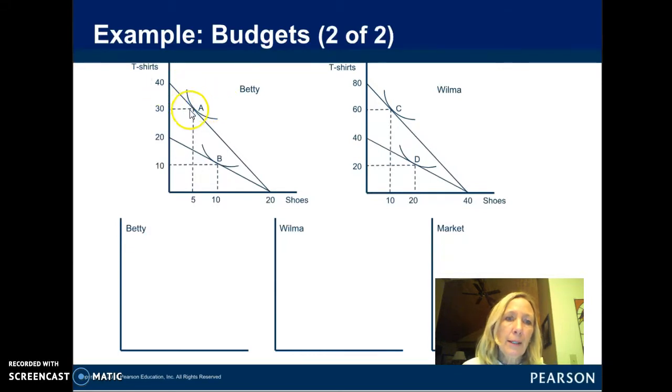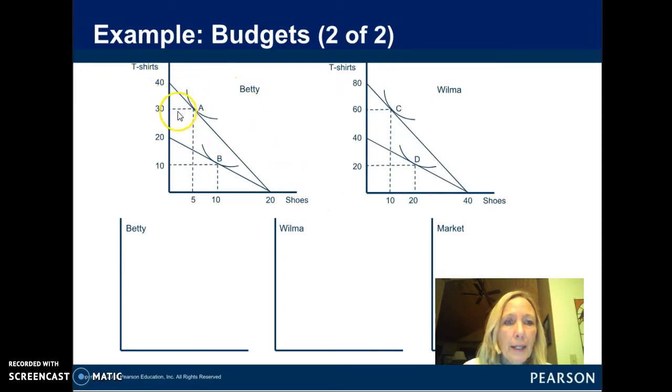And if she could afford 20 pairs of shoes and no t-shirts, 20 goes into 600 thirty times, so shoes are $30. So t-shirts are $15 and shoes are $30. That's the price of the goods.